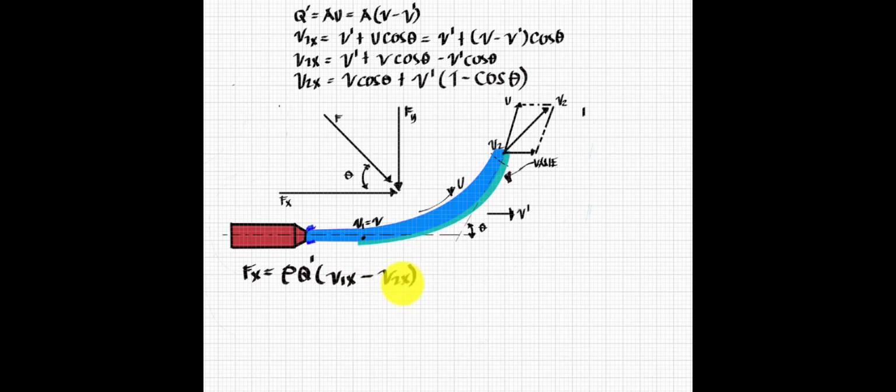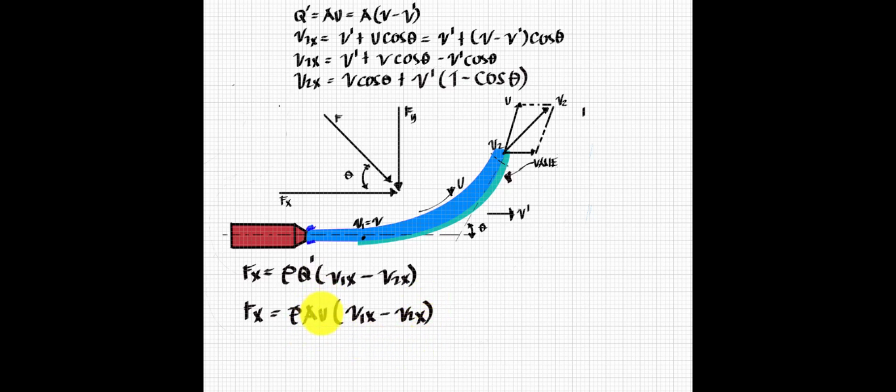Okay, so we can further express our equation f of x, that will be your density. So our volume flow rate that is being deflected by the vane, we have the area times the relative velocity of the jet. Okay, then that is multiplied by v1 x component, then we have your v2 at the x component.